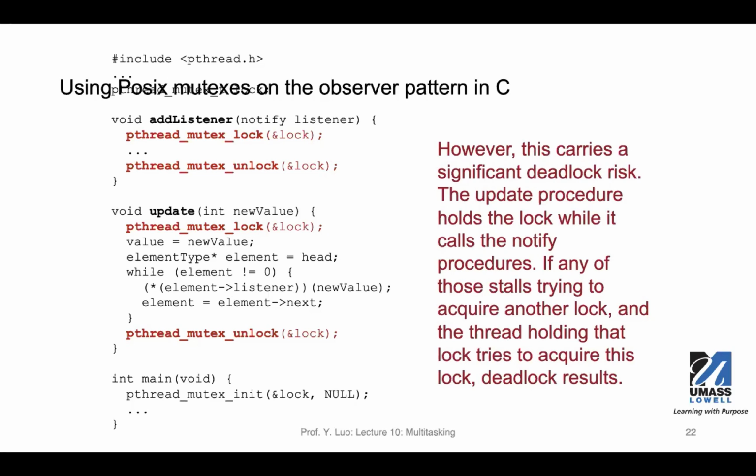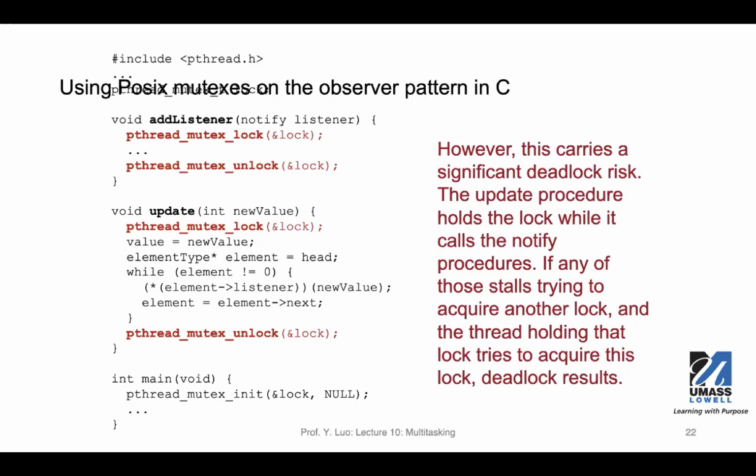Now, we seem to have a solution, but unintentionally, we have a potential deadlock risk. Deadlock risk is where you have more than one lock, and one of the running instances or threads holds a lock, and it tries to acquire another one.